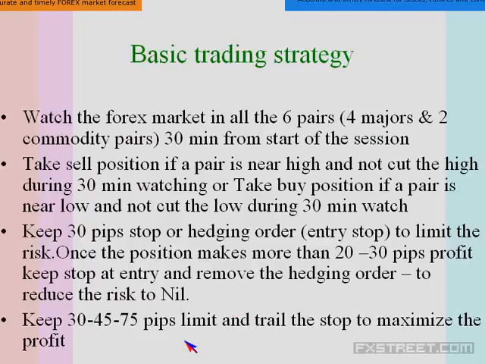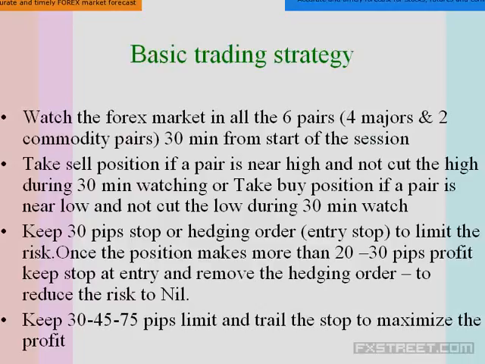You may have a minimal profit or a maximum profit. If the trading platform has a trailing stop facility, you can trail the stop 30 pips from the market, and as the market rises you will see the trailing stop also move and maximize the profit. So this is how you should take trading decisions.